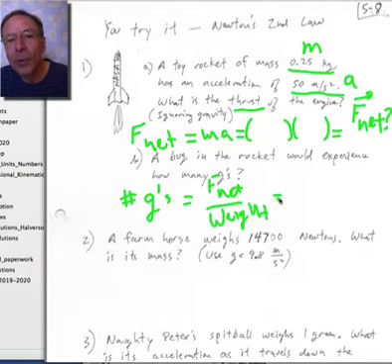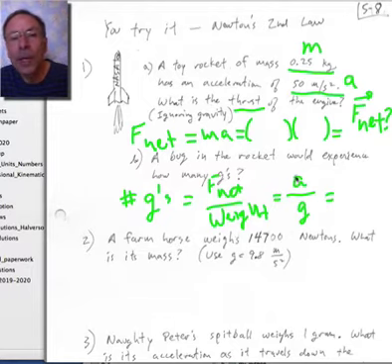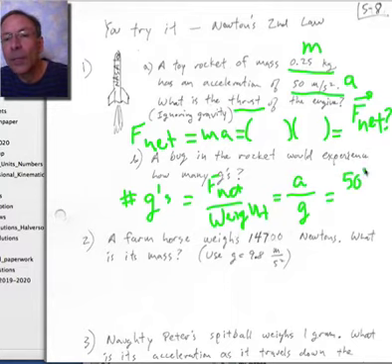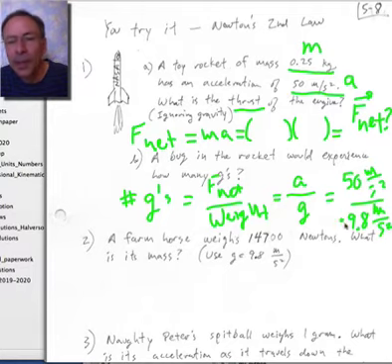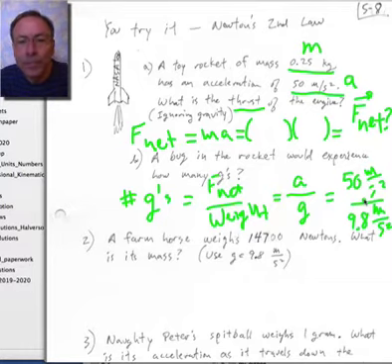Or more straightforward would be to just say it's the acceleration over G. So here we're given the acceleration, so we could put in 50 meters per second squared and divide by 9.8 meters per second squared, and whatever that is, that's going to be the number of G's.